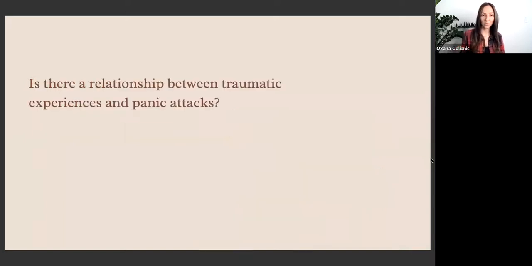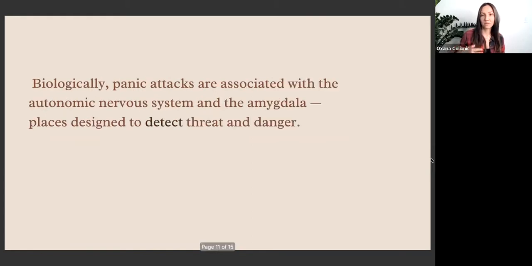All right, so now the question is: is there a relationship between traumatic experiences and panic attacks? Let's see. Biologically, panic attacks are associated with the autonomic nervous system and the amygdala, places designed to detect threat and danger.